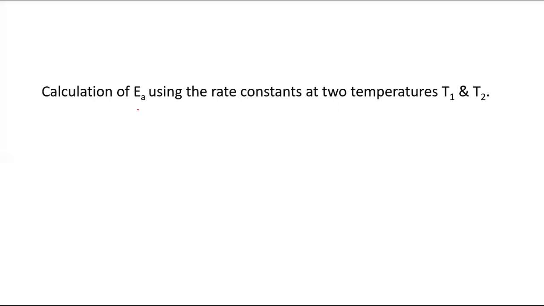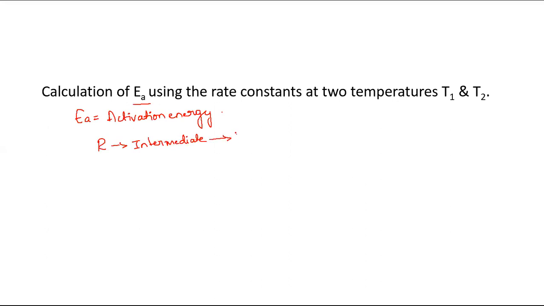Okay, calculation of EA. In the last chapter, surface chemistry, I also told you about EA. EA is nothing but energy of activation, or you can call it activation energy. So what do you mean by activation energy? This is the amount of energy required to convert a reactant into an intermediate.